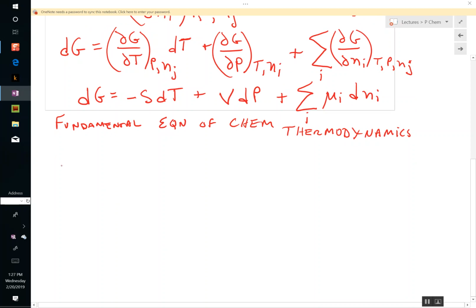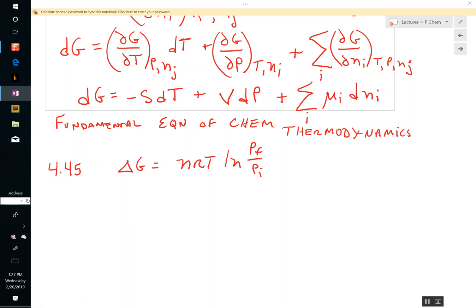Let's go back to equation 4.45, and we have that delta G equals nRT times the log of the final pressure over the initial pressure. And so let's take this and divide it by n. Delta G over n equals RT ln PF over PI.